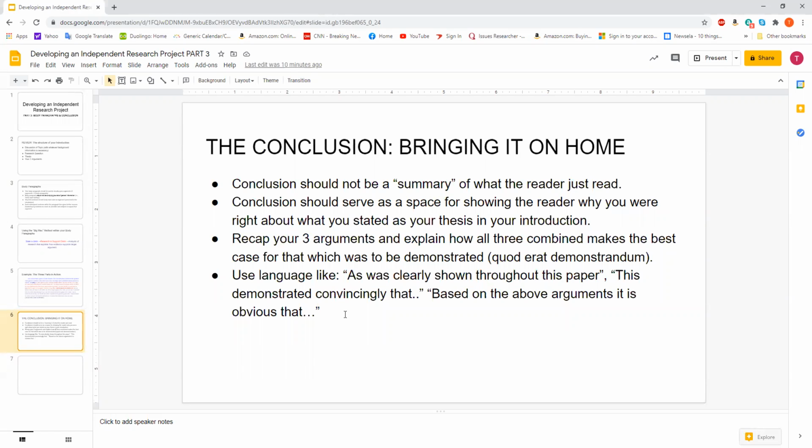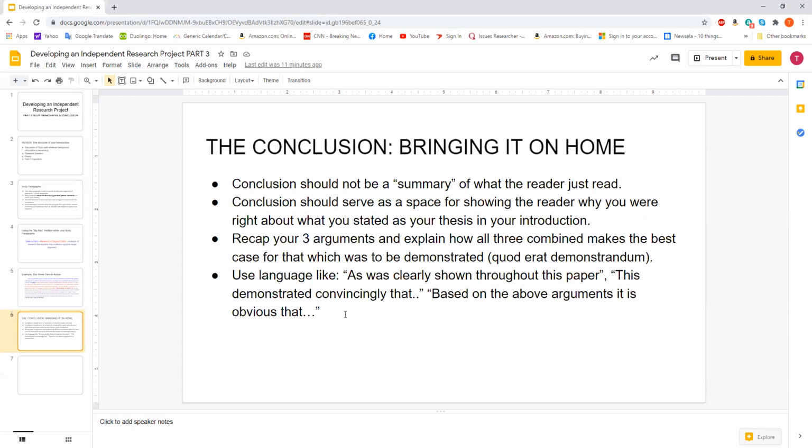We talked a little bit about that in the last video, how in the old mathematical proofs, after they would work out the problem, they would put QED at the end, and that QED just stood for I have proven that which was to be demonstrated.